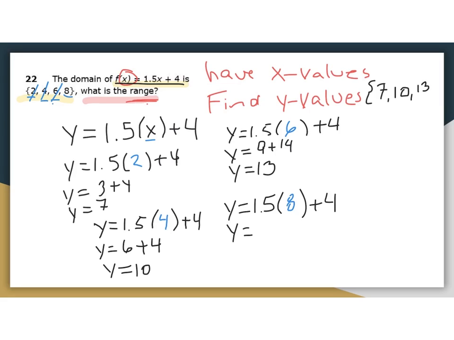Okay, so 1.5 times 8 is 12. Add the 4, and we get y has a value of 16 when we have that x value of 8. And that completes our set. So we're left with the range of 7, 10, 13, and 16. I know that 16 is a little hard to see.